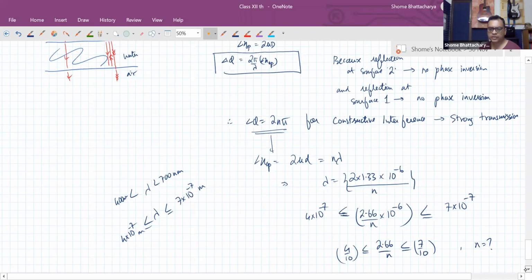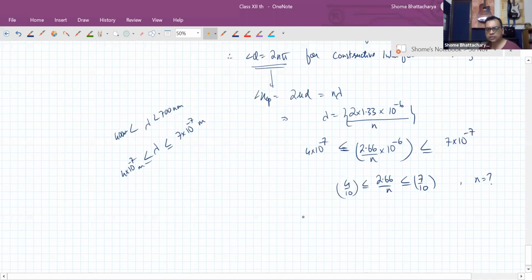So you see that if you take n equal to 1, obviously it doesn't fit the case, okay, because 2.66 is greater than 0.7. If you take n equal to 2 also it doesn't fit the case because 1.33 is greater than 0.7. If you take n equal to 3 also it doesn't fit the case because you get 0.89 something, so that is greater than 0.7.